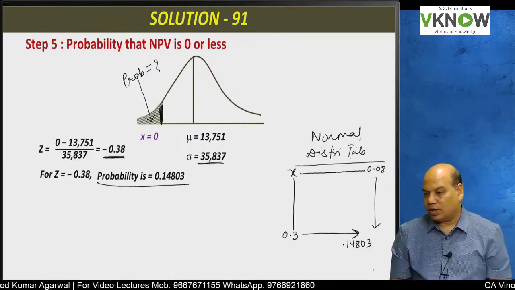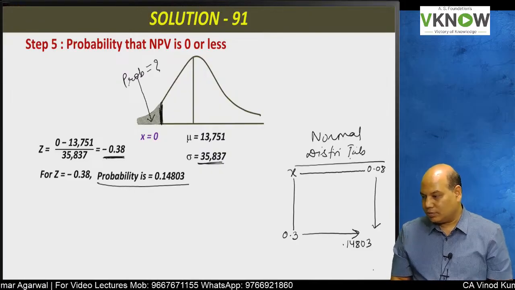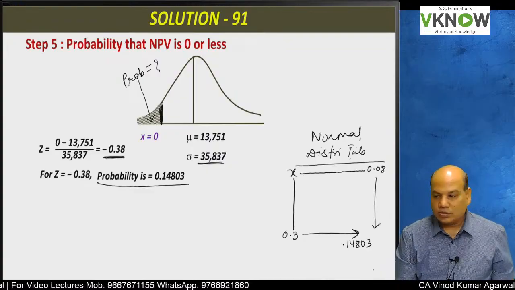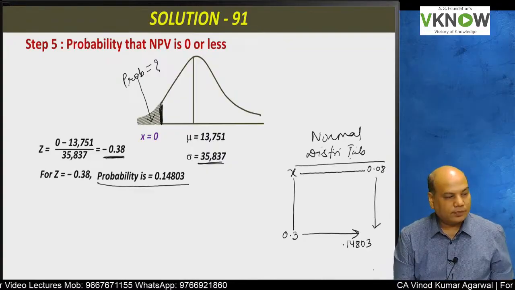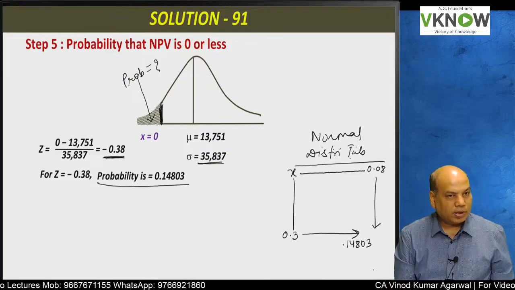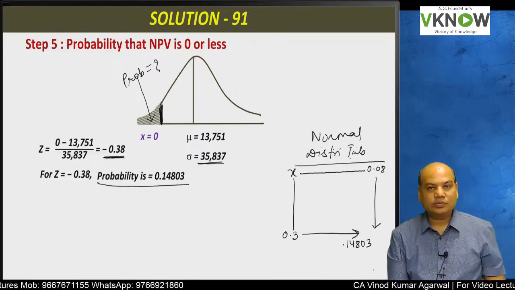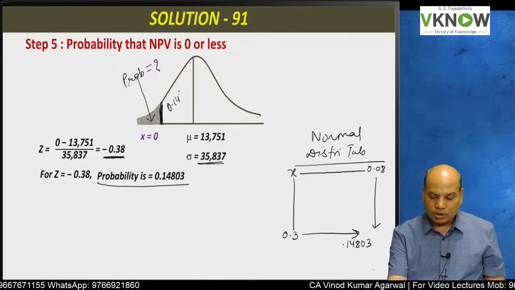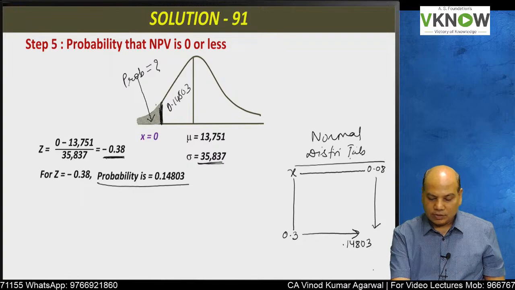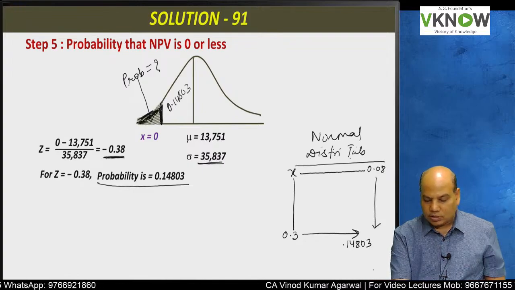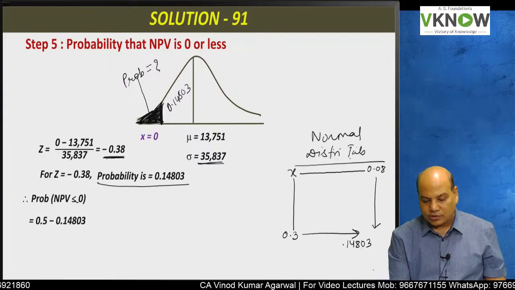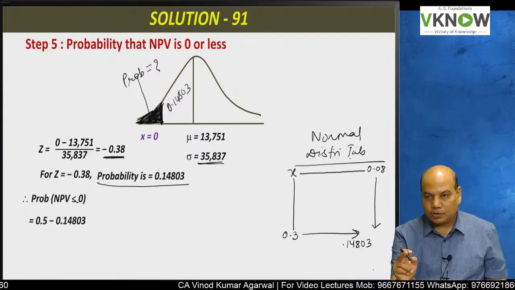For z is equal to minus 0.38, probability is 0.14803. But that is not what I want. I have got probability of this area, but I want probability of this shaded portion. So for that I have to deduct 0.14803 from 0.5.